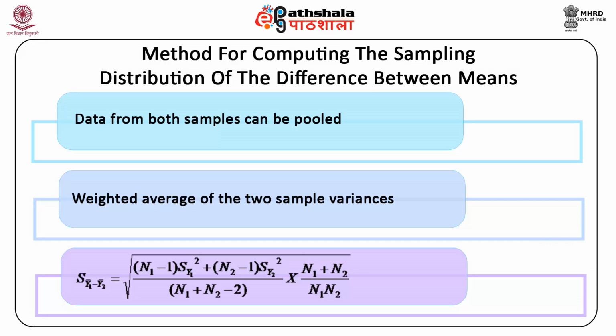Pooling generates a weighted average as the estimate of the variance, where the weights are the sample sizes for each sample. A pooled estimate is thought to be a better estimate if we assume that the variances are equal.